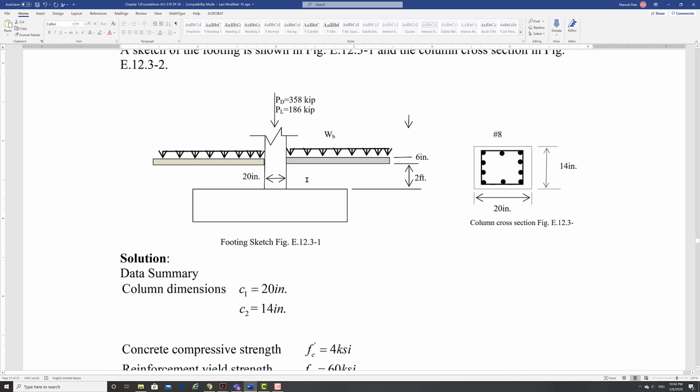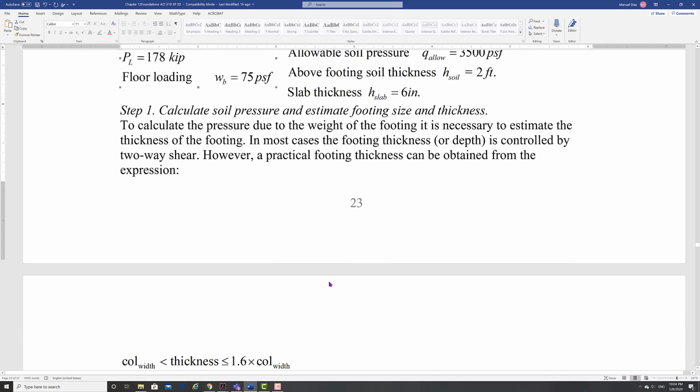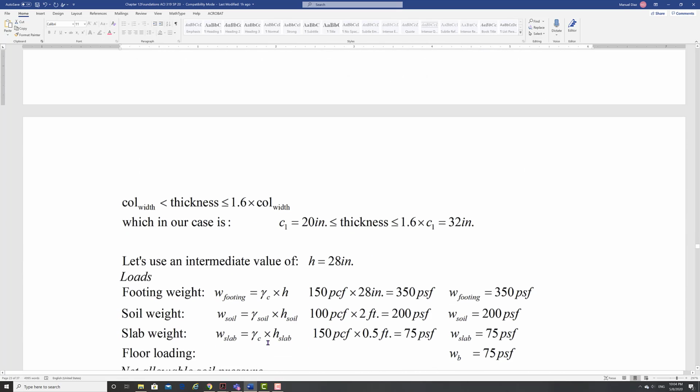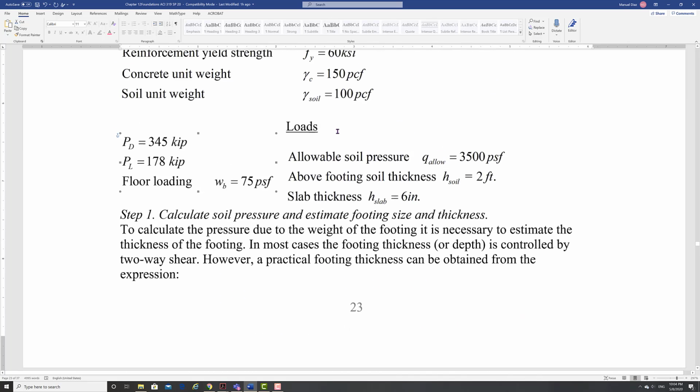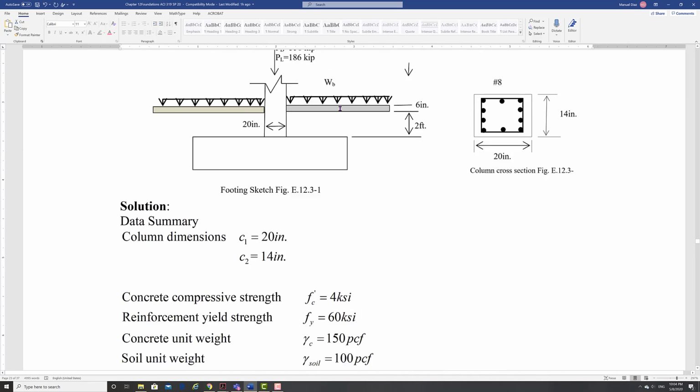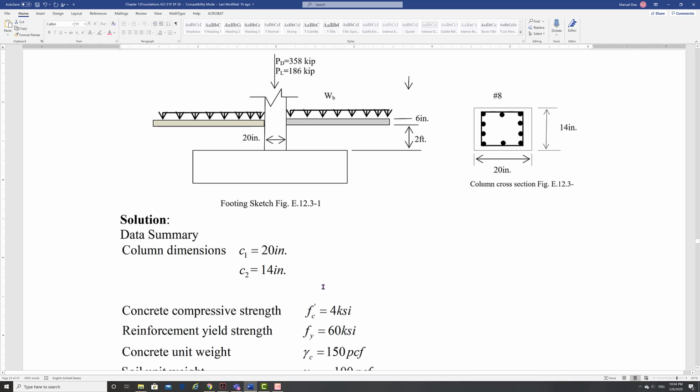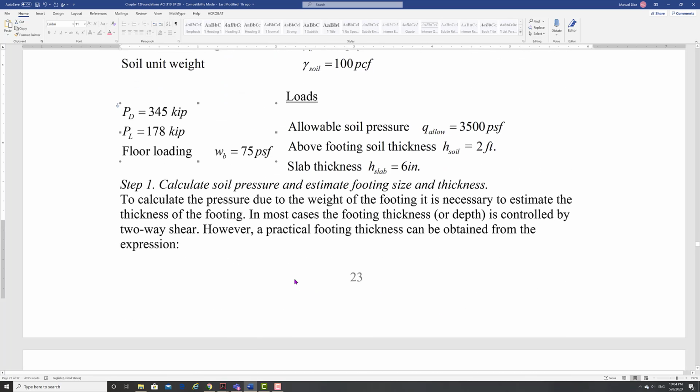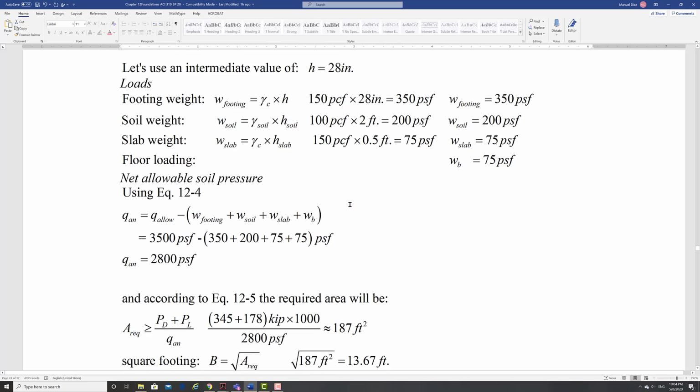So we're saying all this is soil. Okay. Next, we're going to the slab weight, 150 times 0.5, 6 inches. That gives me the weight of the slab. Again, we are assuming that slab goes all the way through, right? So that's little things in there. So we got those weights.